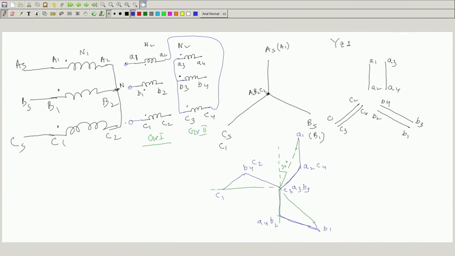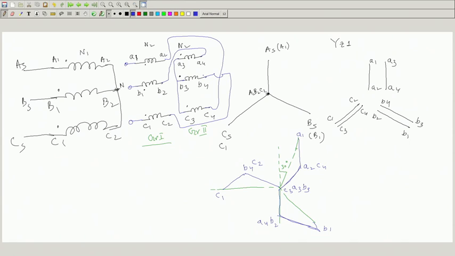Then B2 is connected to A4. So, B2 is connected to A4 and C2 is connected to B4. And your connection is over.